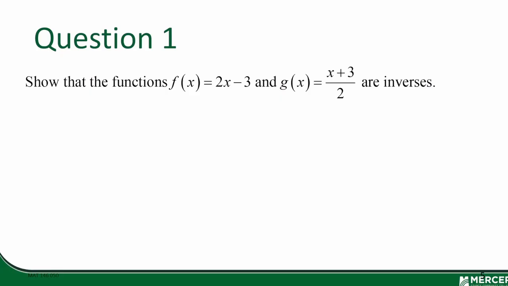So show that the functions are inverses. It means there are two things we have to show. F of g is x, and g of f is x. So start with f of g.